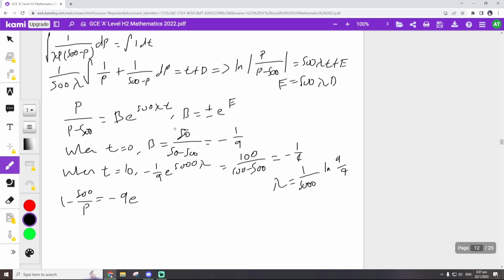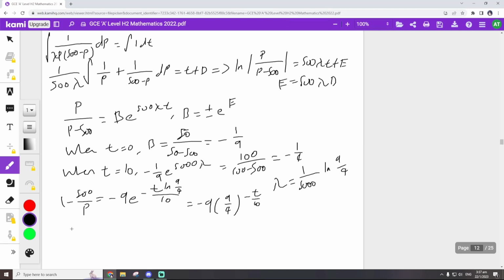So I put lambda here, and now this is negative t ln 9 over 4 divided by 10. Let me simplify this a bit. So this is minus 9 over 4 to the negative t over 10.